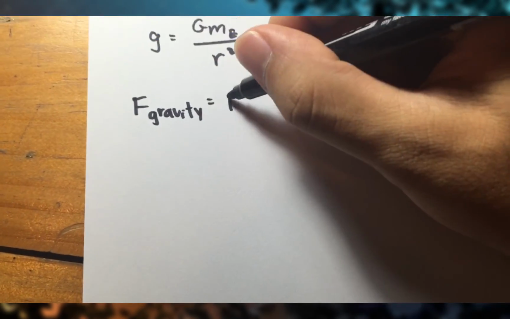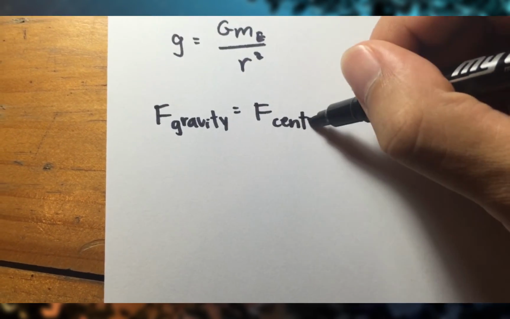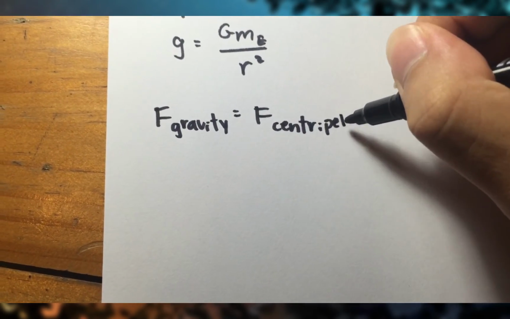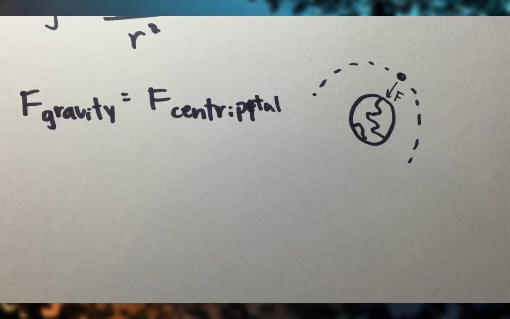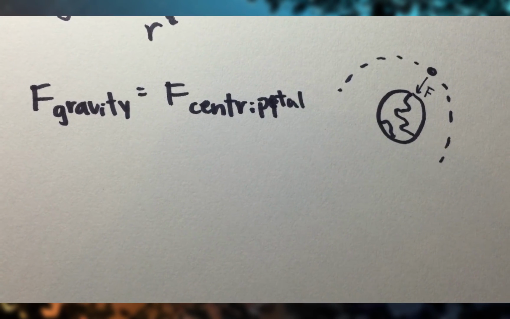Now let's come to the orbital velocity. So we know that the force of gravity is equal to the centripetal force, as it acts the same way as how circular motion works.